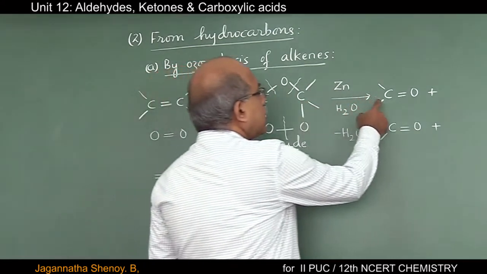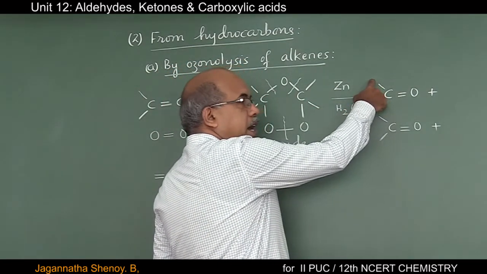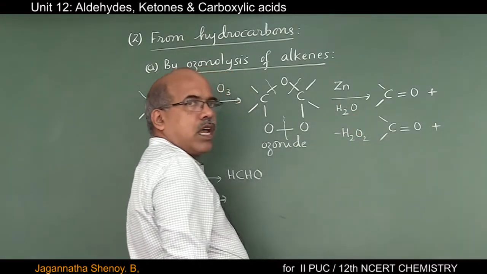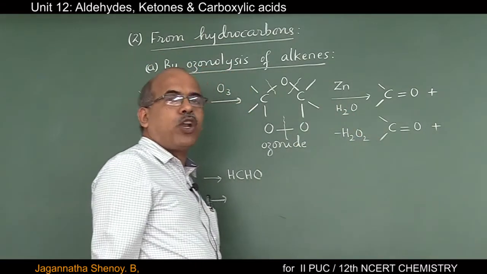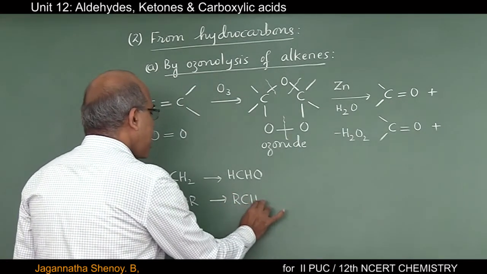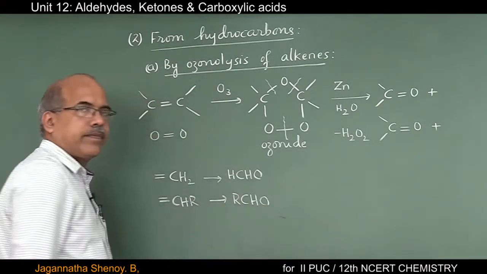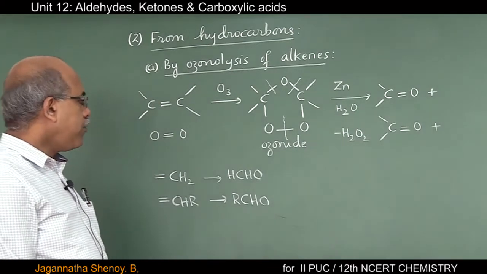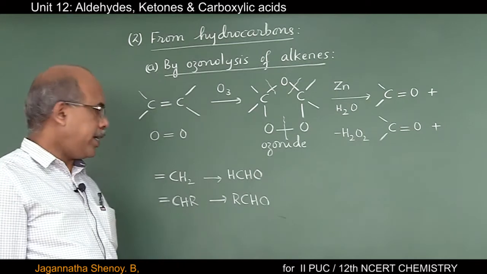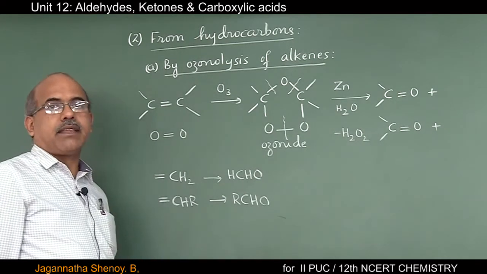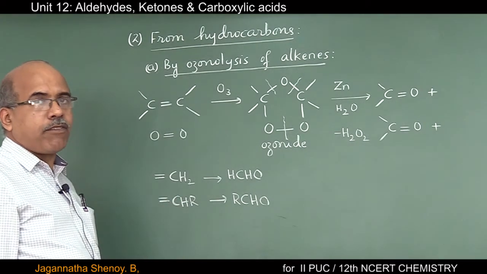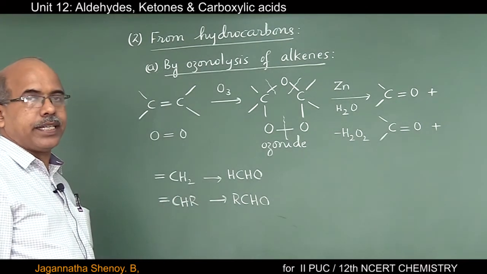One bond should be satisfied by R, the other bond should be satisfied by hydrogen. In other words, what will be the product of ozonolysis? I will have RCHO. In other words, if you get any aldehyde other than formaldehyde, it clearly indicates the presence of a double bond CHR type of group in the alkene.